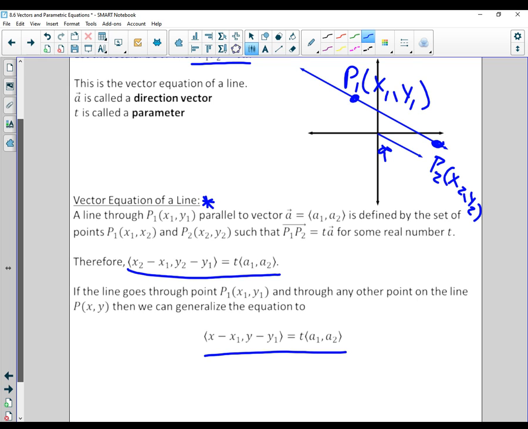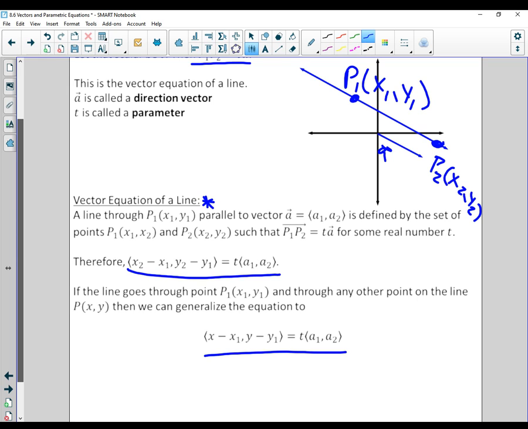That's basically this distance here, right? It says how far did you go on the x, how far did you go on the y, is equal to something times the original vector, some scalar multiple of this. So as long as we multiply it by whatever, then we're good to go. And that's how we write a vector equation of a line.